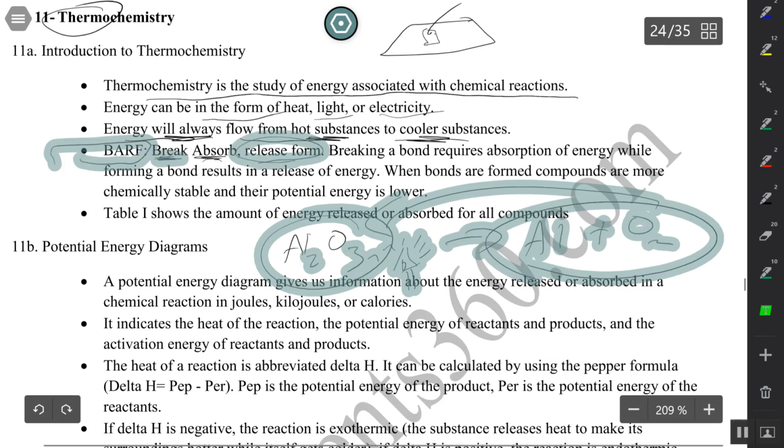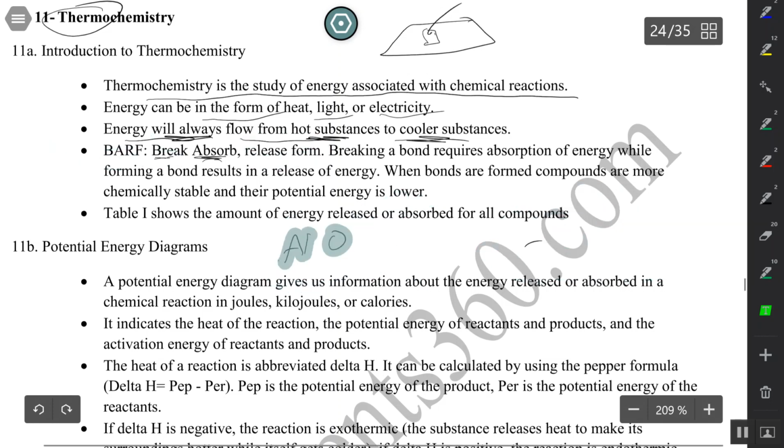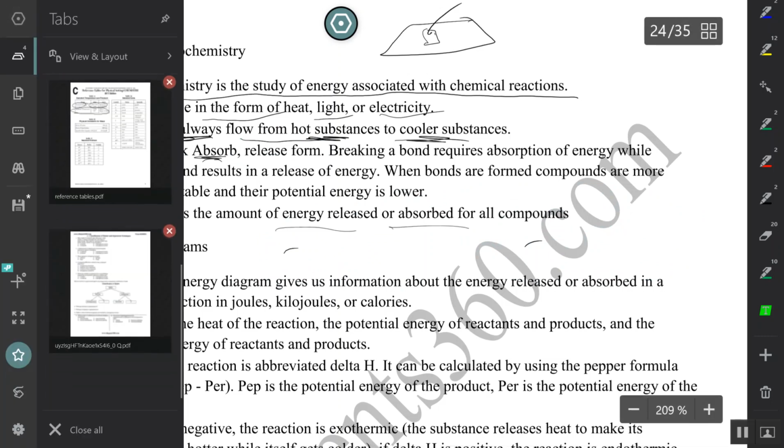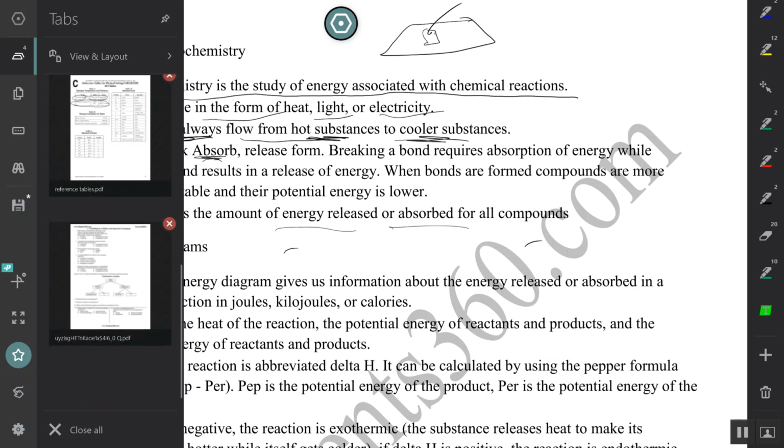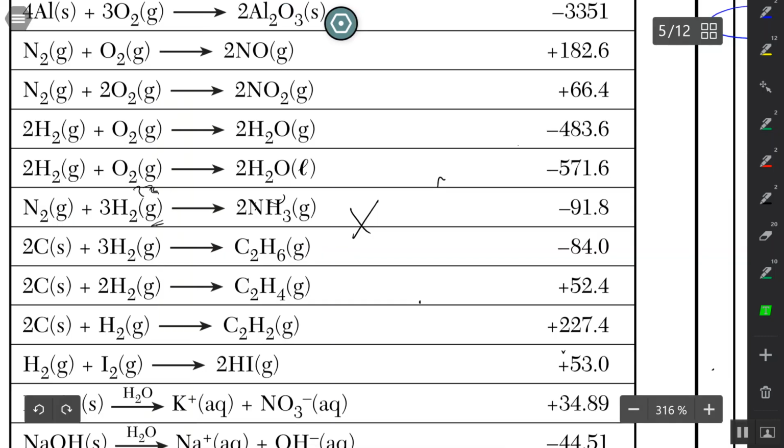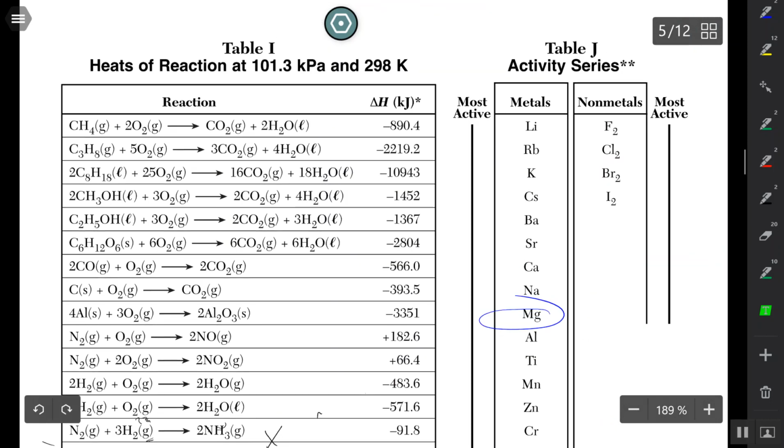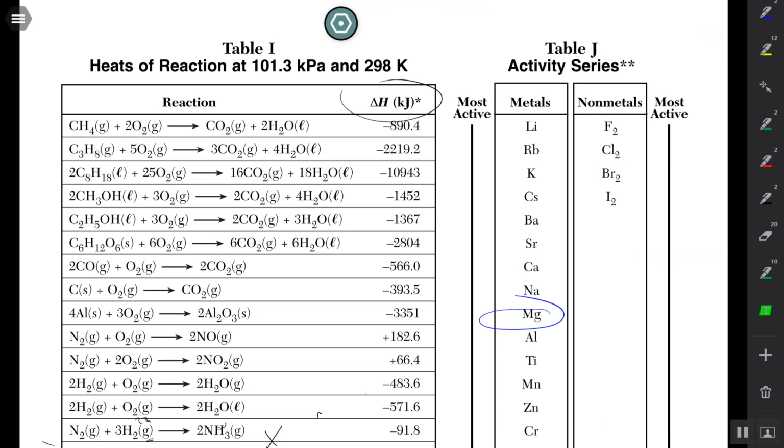Now, always look at Table I to confirm whether heat is released or heat is absorbed. You'll see in Table I a lot of reactions, and here we see the delta H value, which is the heat of the reaction. If it's negative, it shows us that heat is released, and if it is positive, it shows us that heat is absorbed.